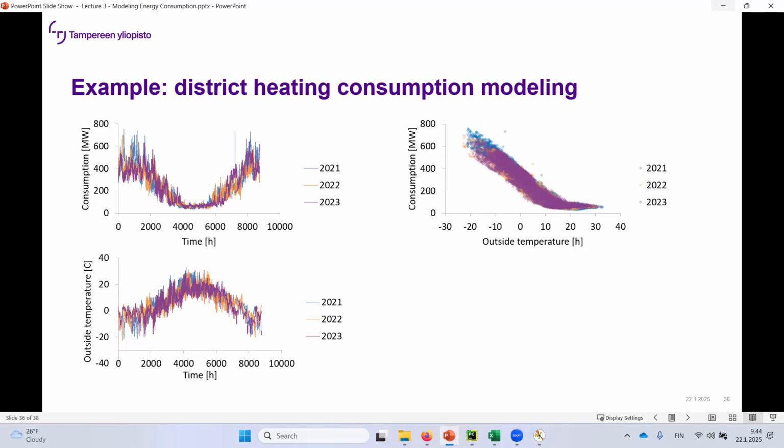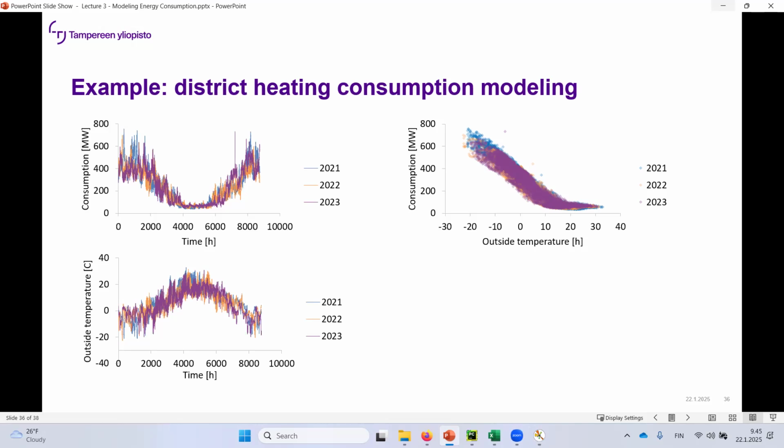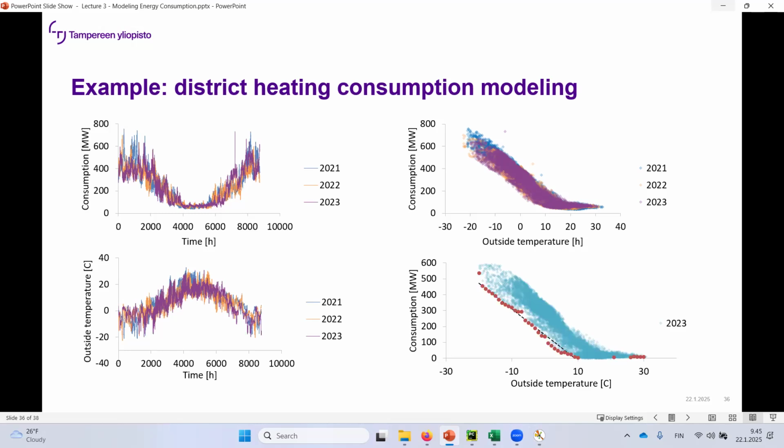And there is the consumption against the temperature. And now what I have done is subtracted from here the hot water usage. So this is basically in here just the hot water usage, because during that summertime you don't need the building heating, you need just the hot water.